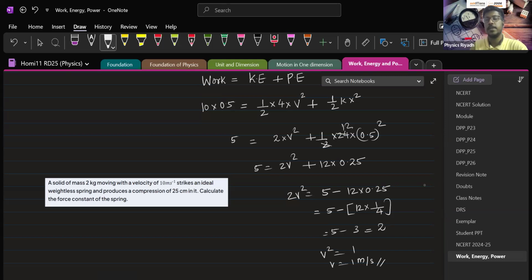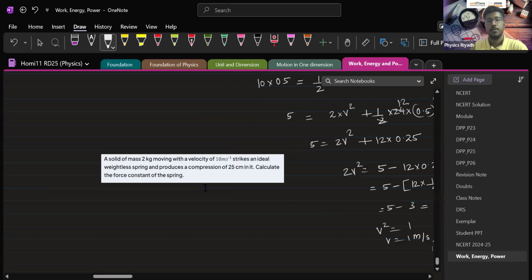There is no friction where the energy can be lost, and heat energy is not lost either. So whatever work is done should be getting transferred. The energy should not go waste, so it is getting transferred in the form of kinetic energy and potential energy. That's how we reached this expression. So conservation of energy is a very useful way to proceed in many situations. Try to do this.